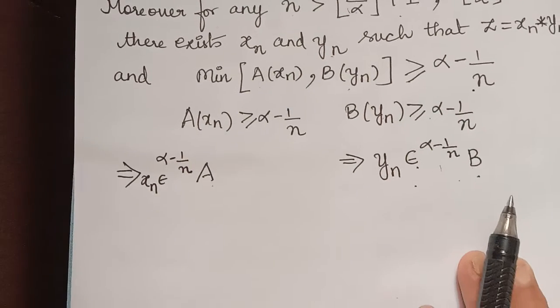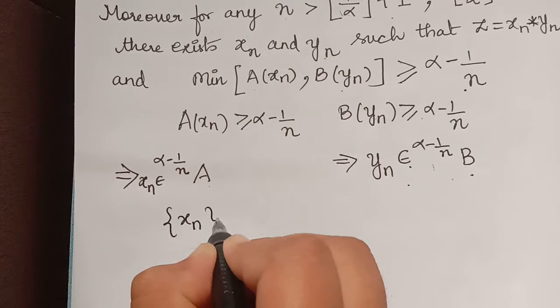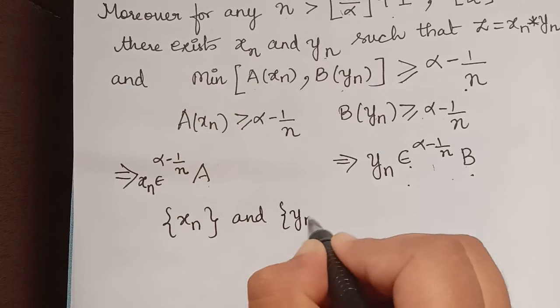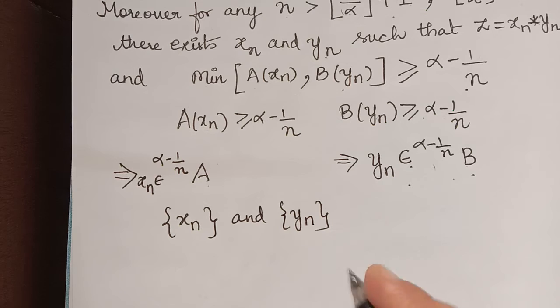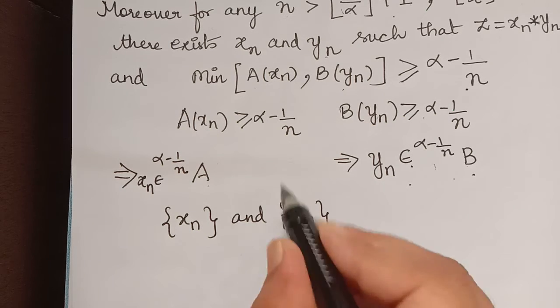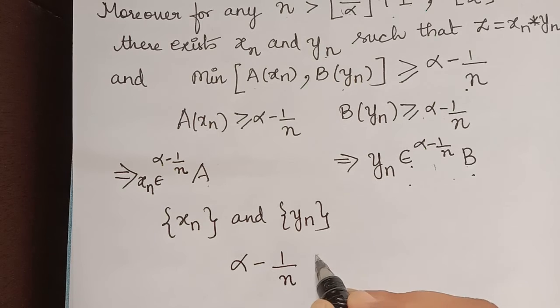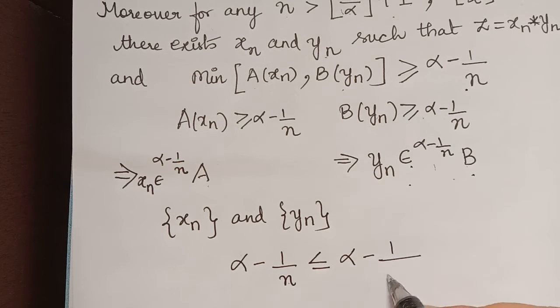Now we will consider sequences, that is, sequence xn and sequence yn. So now it's not a single value, it is a sequence of values. And also we can observe that alpha minus 1 by n will be lesser than or equal to alpha minus 1 by n plus 1.